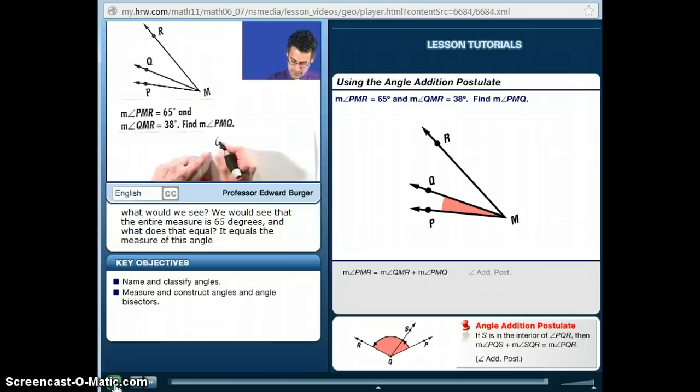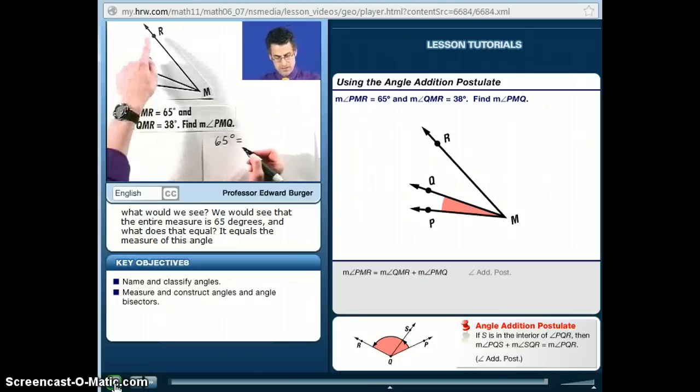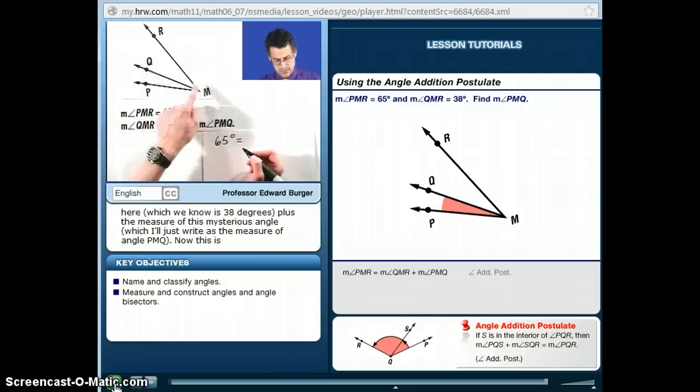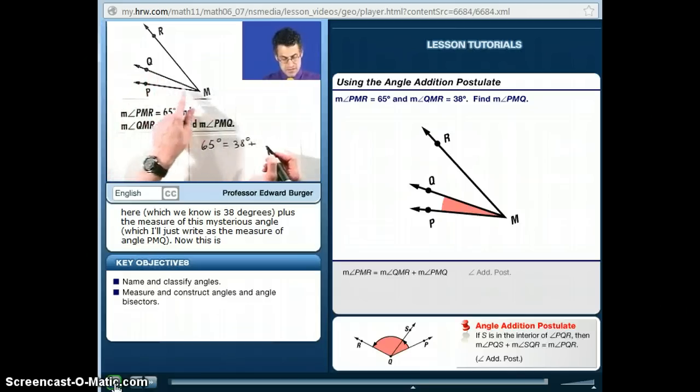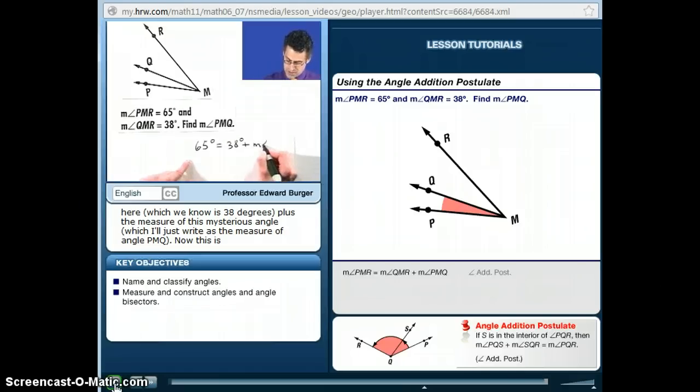is 65 degrees. And what does that equal? It equals the measure of this angle here, which we know is 38 degrees, plus the measure of this mysterious angle at the moment, which I'll just write as the measure of angle PMQ.